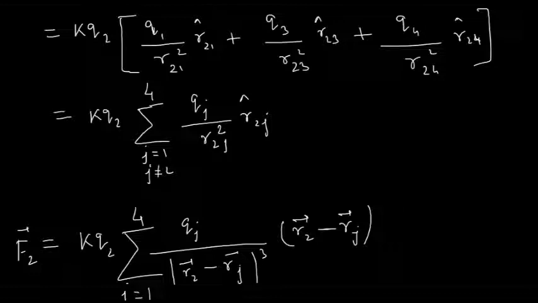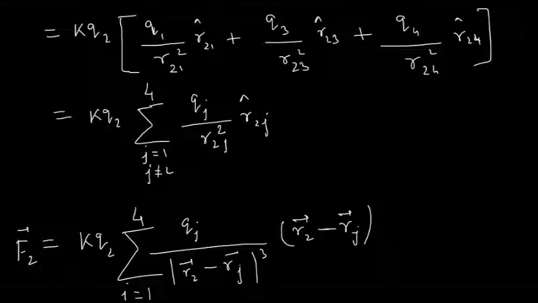We can generalize this equation: K Q2 sigma j equal to 1, j not equal to 2, up to 4, Qj upon R2j square, unit vector R2j.